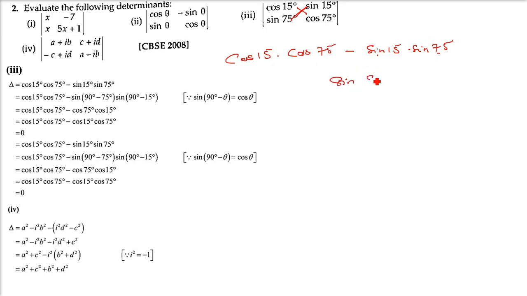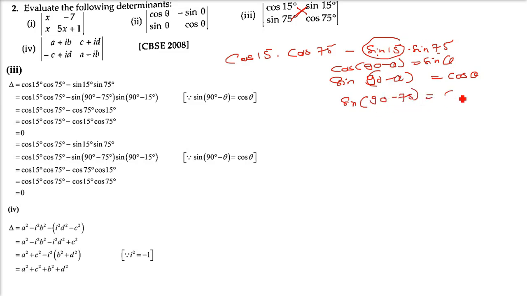Now you can really see that sin 90 minus theta is cos theta. So you can write sin 15 as 90 minus 75 and sin 75 as 90 minus 15. So sin 15 I am writing as sin 90 minus 75, because 90 minus 75 is eventually 15. This is going to be cos 75. So in place of sin 15, you can always write cos 75, right?